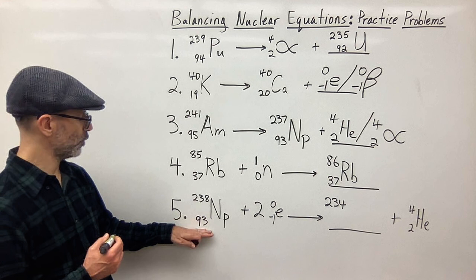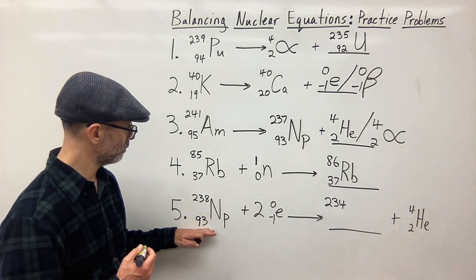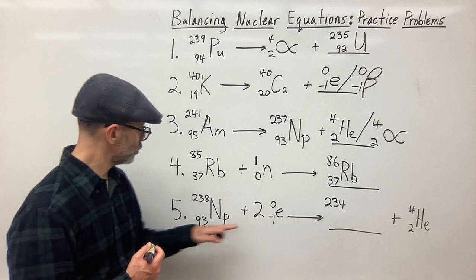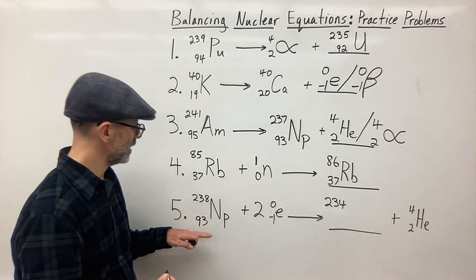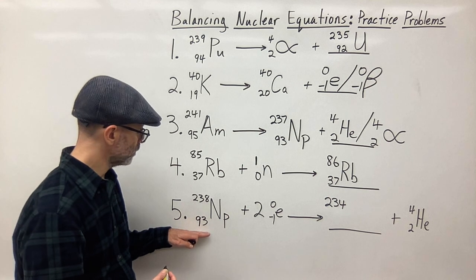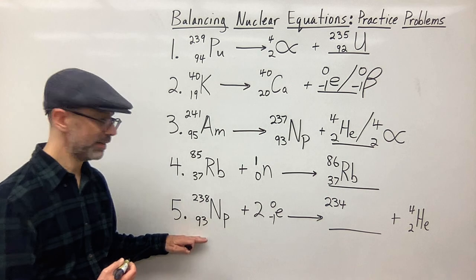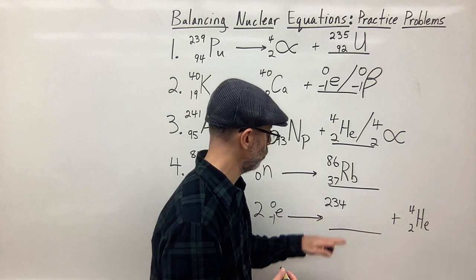Now we have 93 here, the atomic number on the bottom, and we have two negative ones. So 93 plus negative 2 is going to be 91. So 91 total on this side, which means the total of this side should be 91.